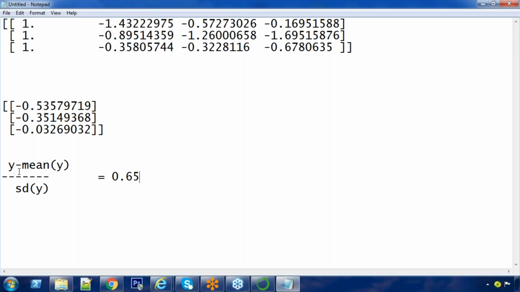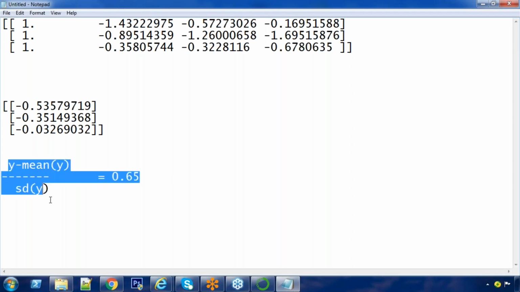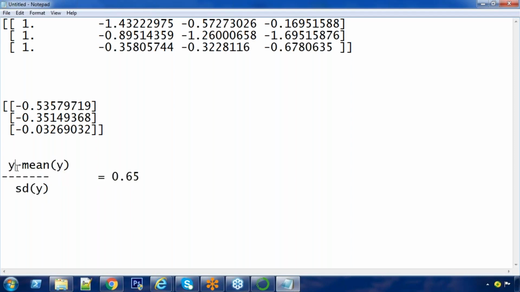Understand? To get this original y, think that this 0.65 is the result of this expression. To get y, what to do? It has to be multiplied with the standard deviation and added with the mean. Correct? Apply now the same thing.